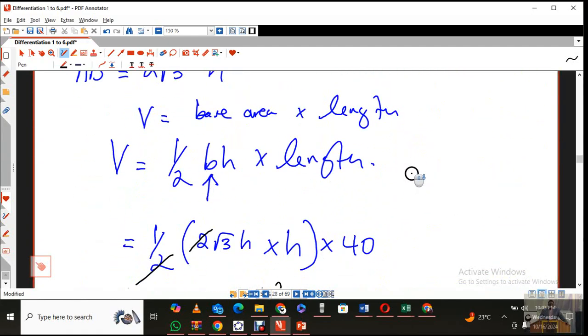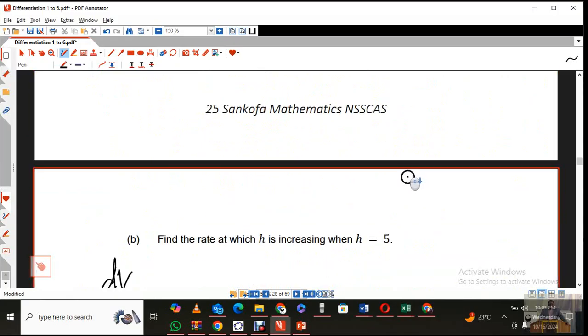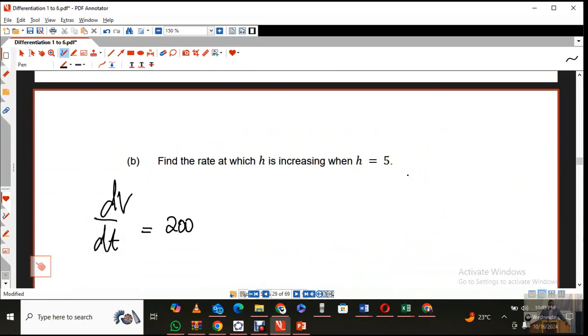Okay, right. They are saying find the rate at which h is increasing. So what we are now essentially looking for is dh/dt. That is what we are looking for.